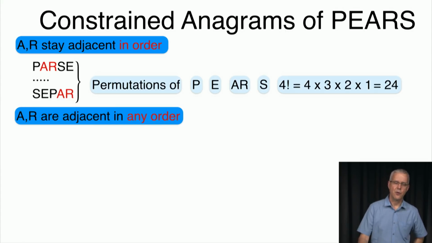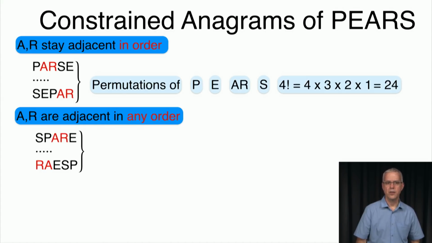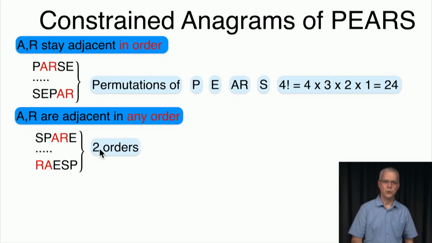Okay. Now, if we would like to count the number of anagrams where AR are adjacent, but they can appear in any order, namely AR or RA, then we're counting things like spare, AR adjacent, A comes before R, or RAESP, where A and R are adjacent, but R comes before A. And now we notice that there are 2 ways to order those letters, AR or RA.